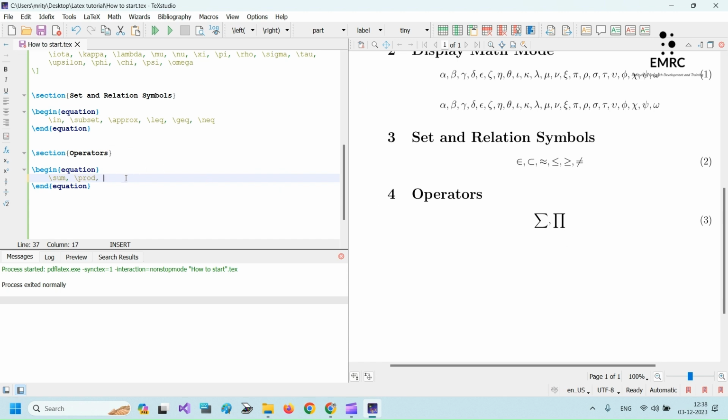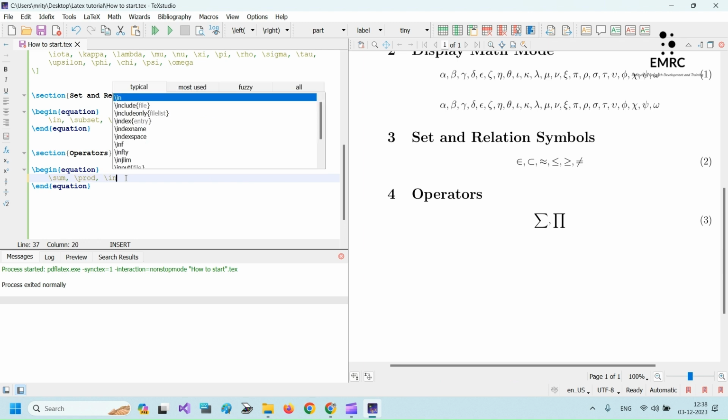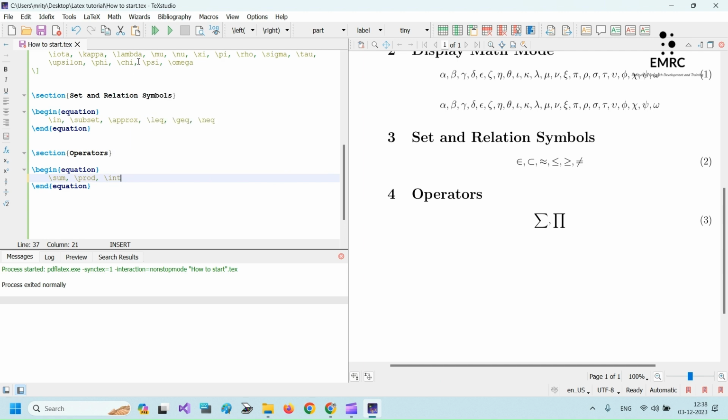Or you want to write the integration sign, simply write int. You want to write limit, yes, limit. You want to write summation i equals 1 to n of a_i. How will you write that?